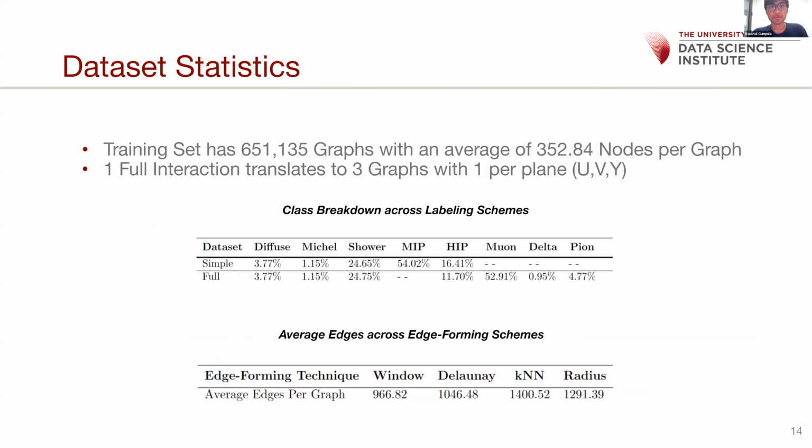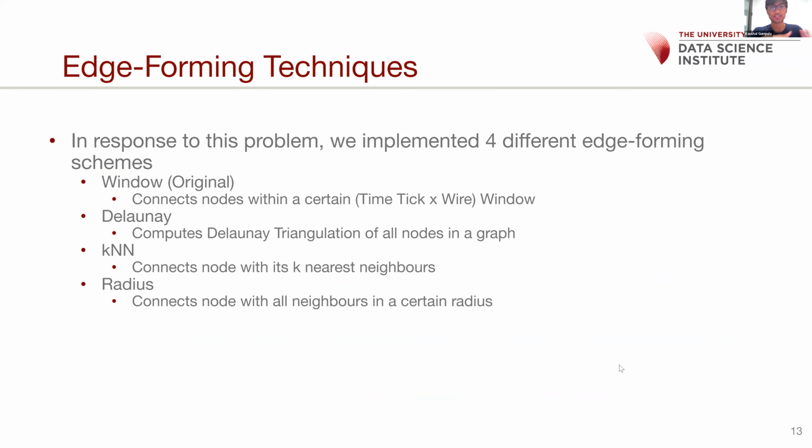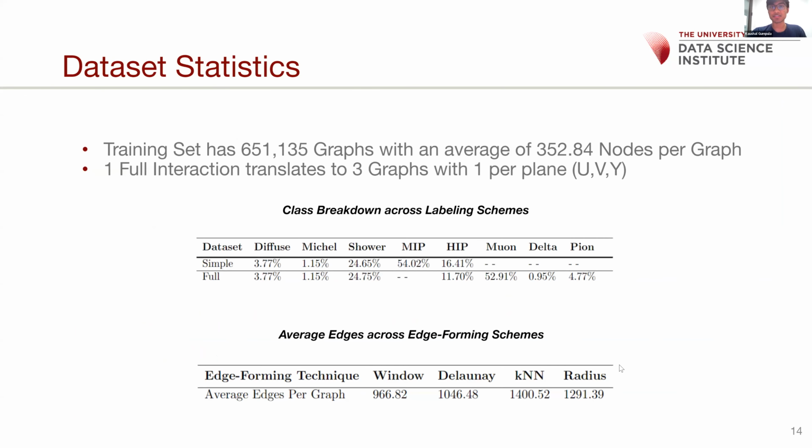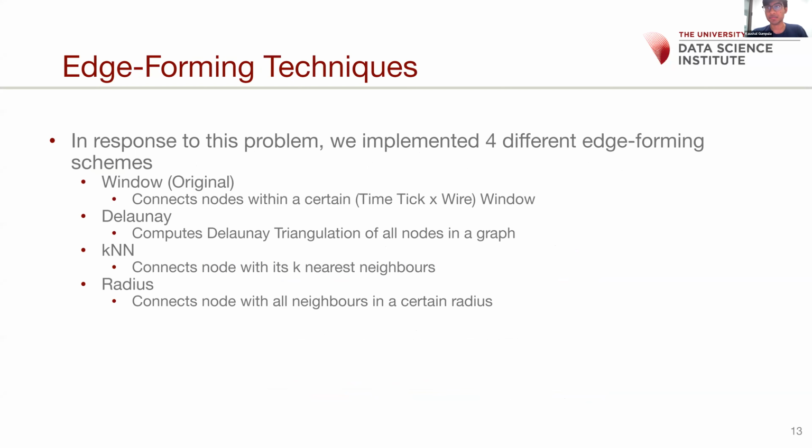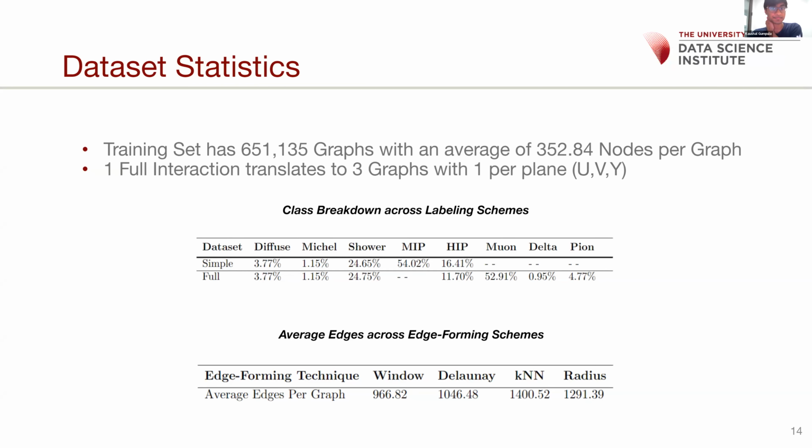And it's the edge forming schemes that we have here that determine our graph structure. So the inputs don't have a given graph structure. It's up to us to form the edges ourselves. The only thing that we're given is the nodes per graph. So the graph structure itself is like a variable in and of itself.